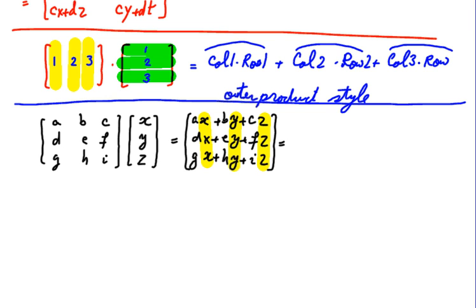Say, okay, I can look at this problem like this. As if I had an X, the first entry, I multiplied with that entire column. And this Y, the second entry, I multiplied by the second column. And this Z, I multiplied by the third column.